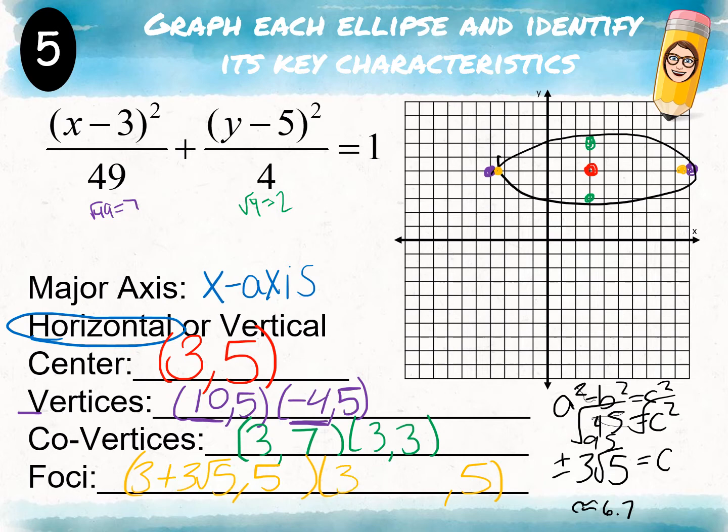Then we went to the center and subtracted 3 radical 5. So we are not going to have these nice, pretty, clean values for our foci. It's going to be like a little expression. You're going to have to write quite a bit. So take the center value, and add or subtract that distance.